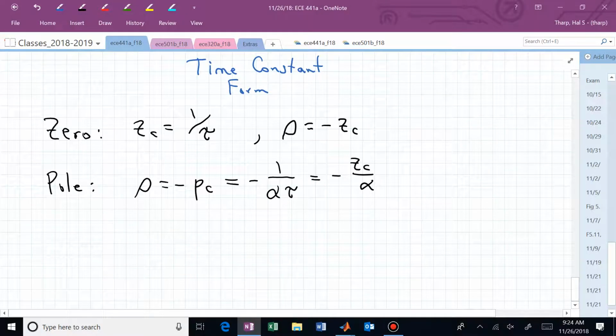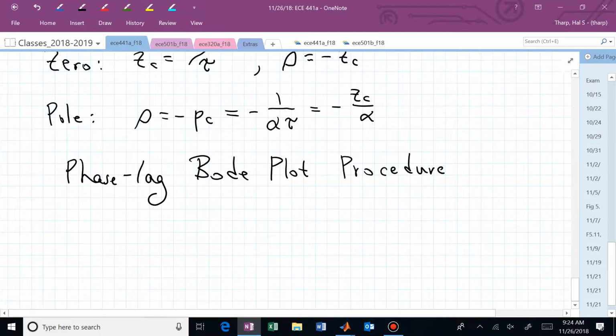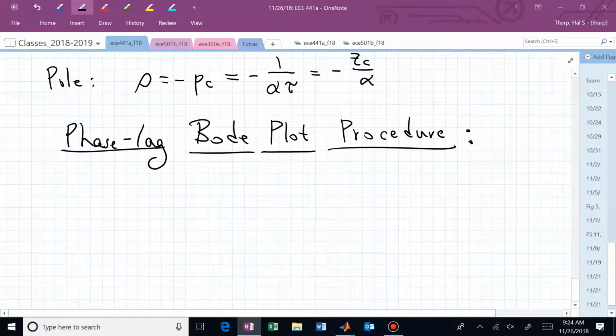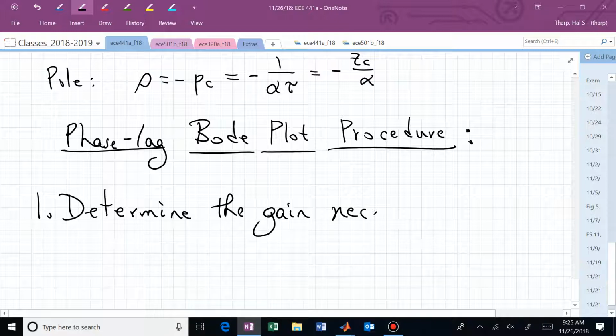Here's the recipe. To design a phase lag controller in a Bode plot situation, first we want to determine the gain in our original plant necessary to achieve the steady state accuracy specification.